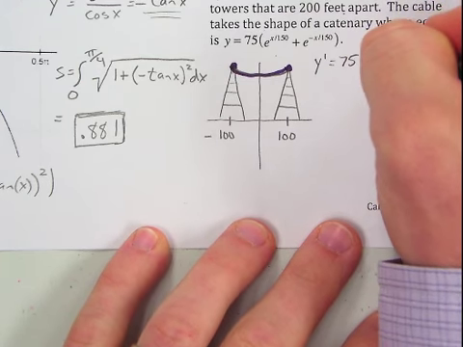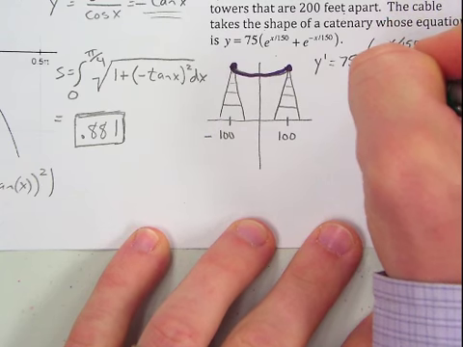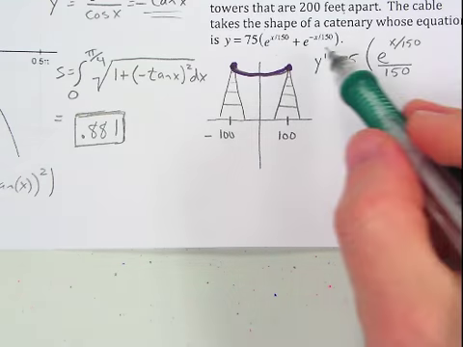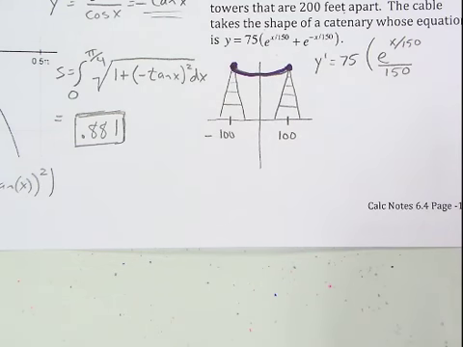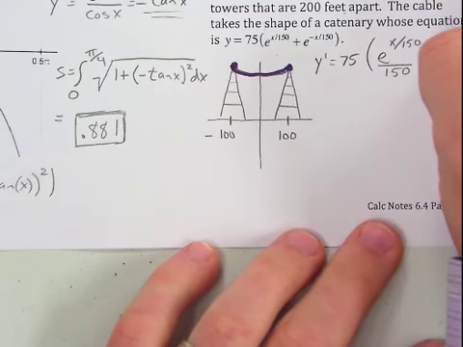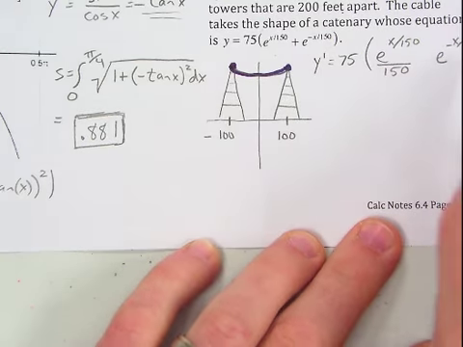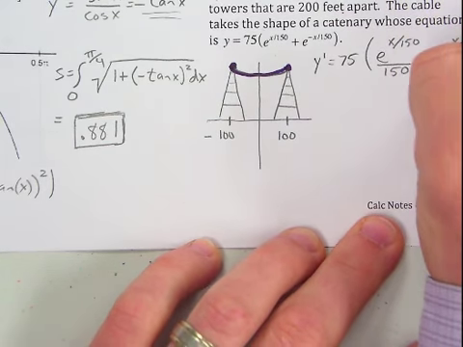Now the next one, e to the negative x over 150. And then du is negative 1 over 150. Uh-oh. There we go. Sorry.